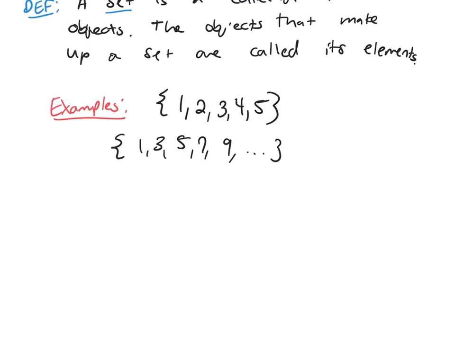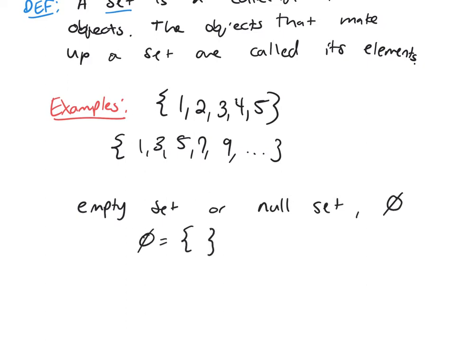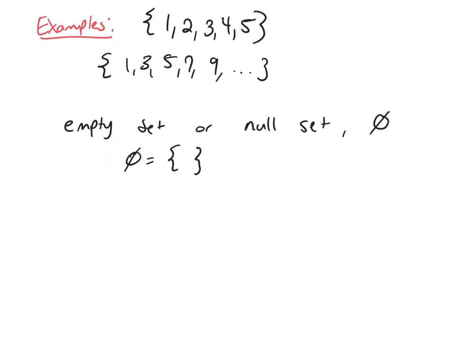So from here, we also talked about the empty set or the null set. The way we denote it is with a 0 and a slash. It's this unique set containing no elements in it. So then we talked about a variety of commonly referenced sets. The first set was N, the set of natural numbers.